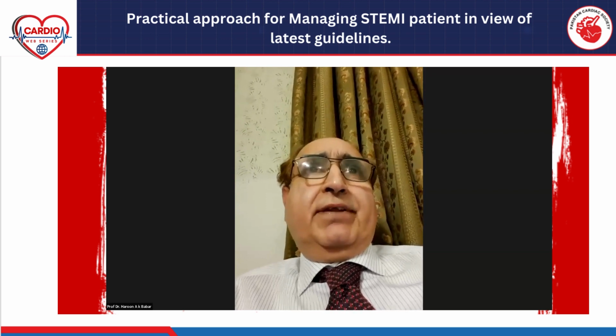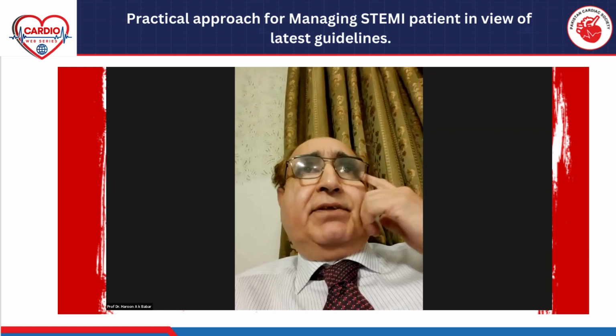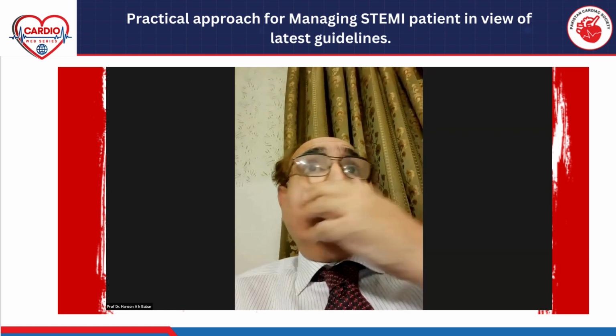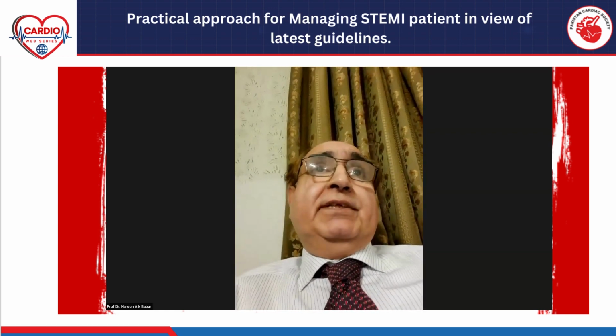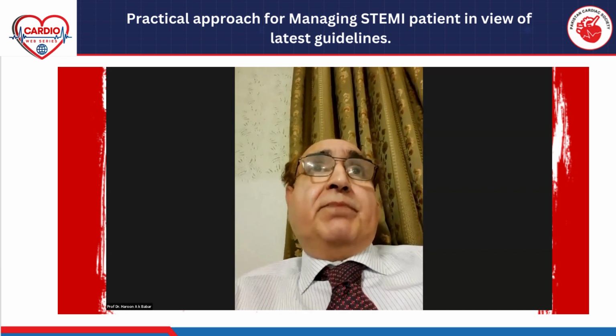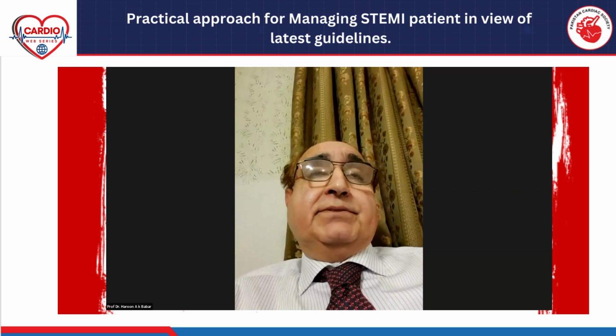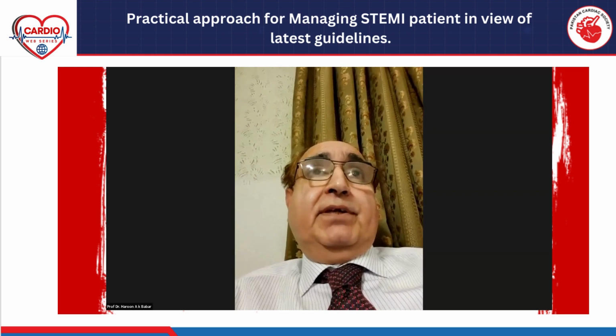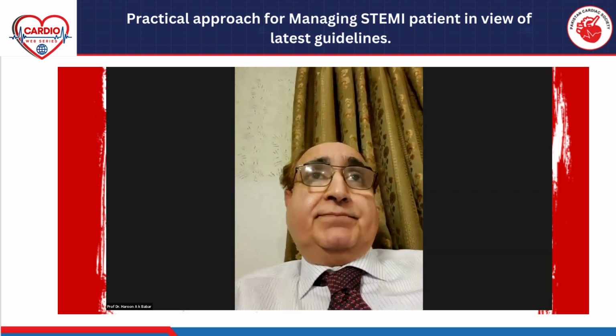So in this setting of high bleeding risk, depending upon the individualized patient, you can stop the dual antiplatelet therapy in 2 months' time. This is what the recommendations are.